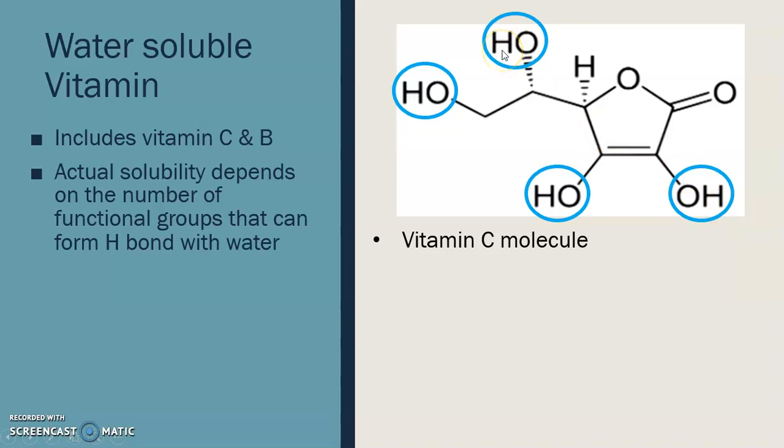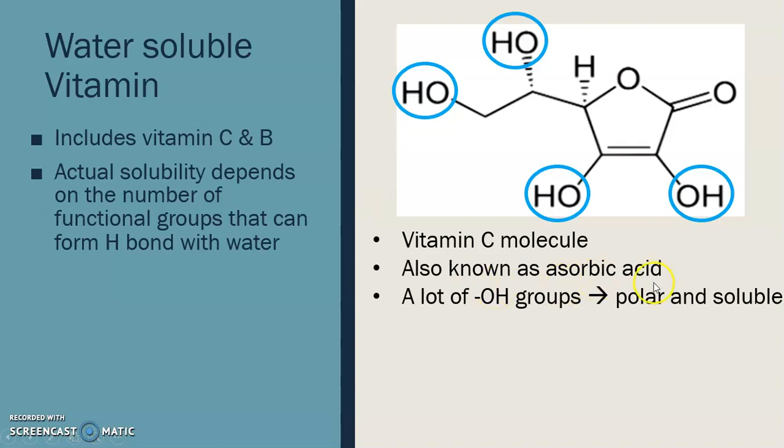The hydrogen in the hydroxyl groups can form hydrogen bonds with water easily, and the hydrogen on the water molecule can also form hydrogen bonds with the oxygen, and all of these oxygen atoms. It's known as ascorbic acid, and it's polar and therefore soluble. So it can be transported in blood.